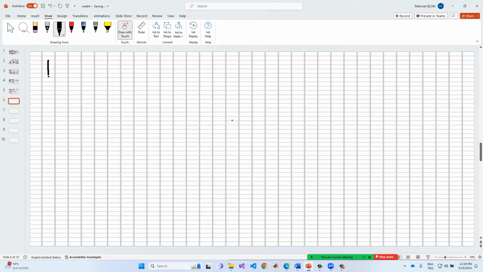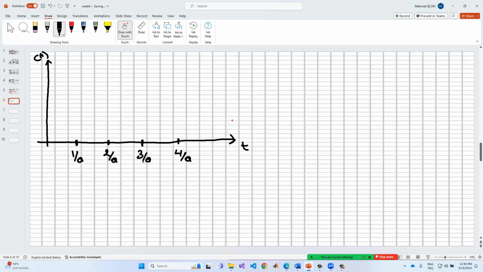If we have these notations, we can draw this graph of c(t) versus t. For example, we mark 1 divided by a, 2 divided by a, 3 divided by a, and 4 divided by a. These are the general representation.